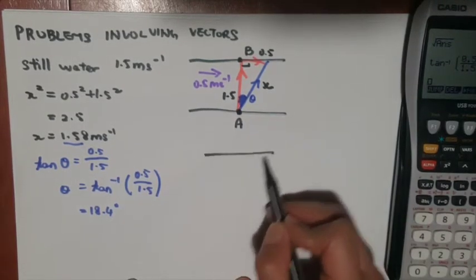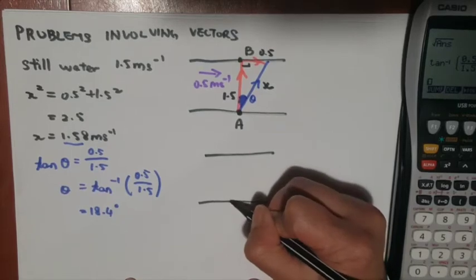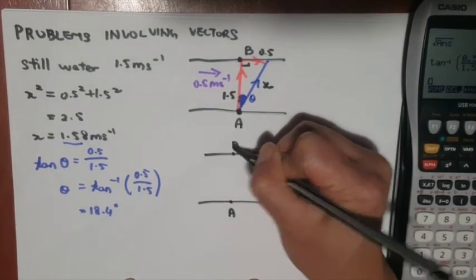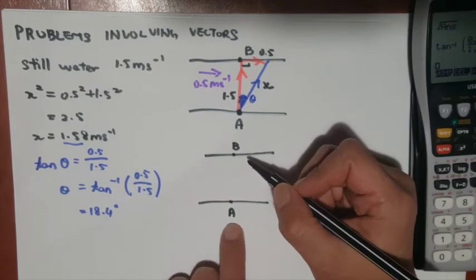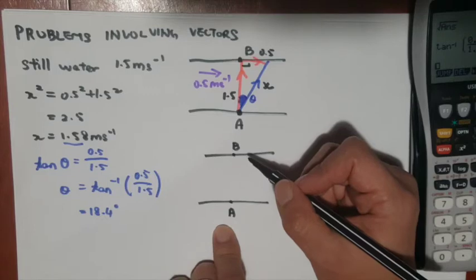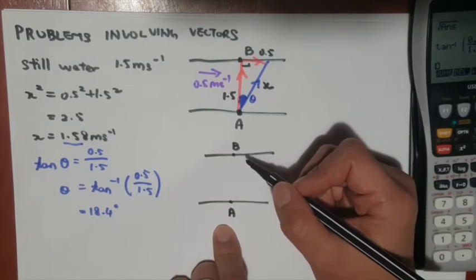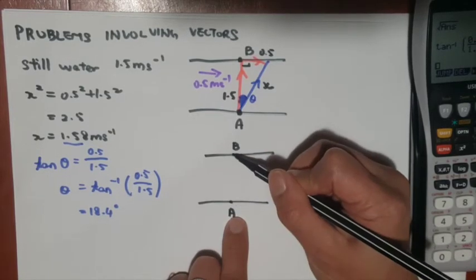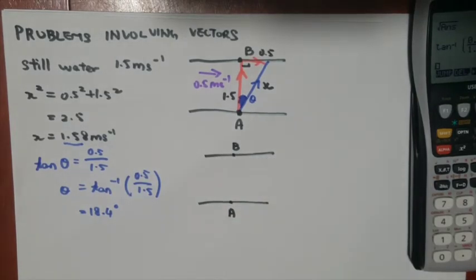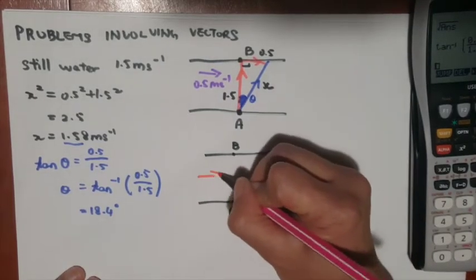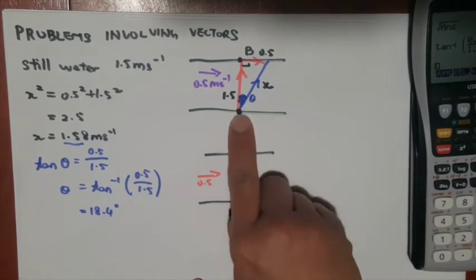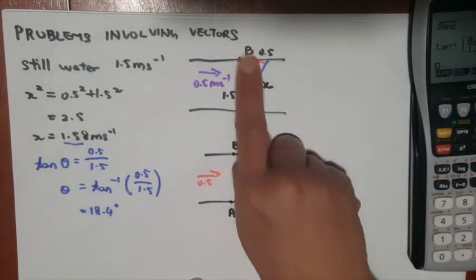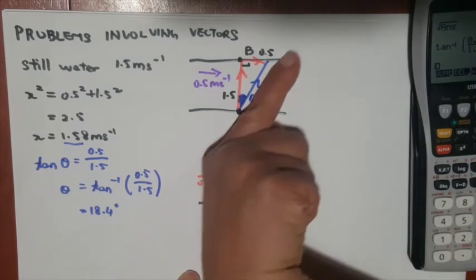Now, if Jason wants to go from A to B, we have to consider the current. At what angle should Jason aim to swim in order for him to reach B? Again, there is a current flowing at 0.5, and when Jason was aiming straight to B, the actual resultant is here.